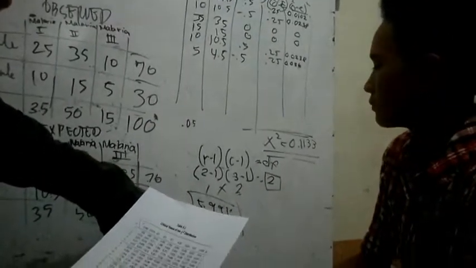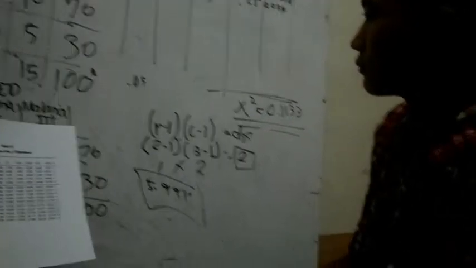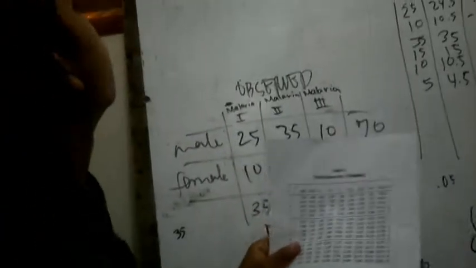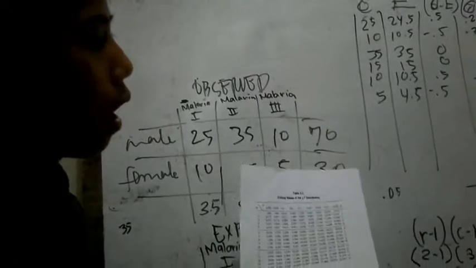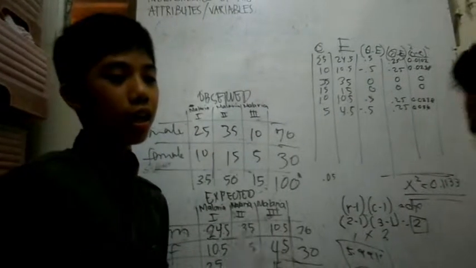Here we have 5.991, so this is our reference now. As we can see, our chi-square is less than this one. So now we can accept the null hypothesis. The null hypothesis means that the two variables have no difference. Thank you for listening, and that's all.